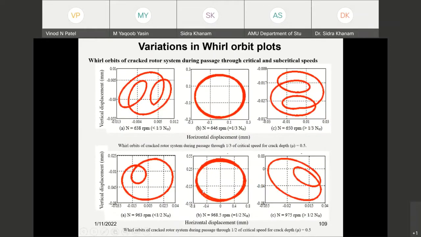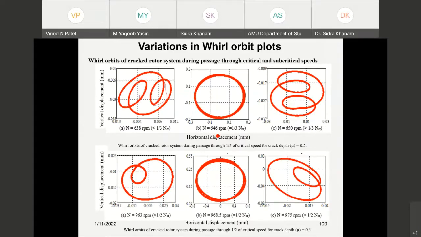So if there is a crack available on the shaft, then at different sub harmonic speed or at the subcritical speed, orbit plots of displacement in the x direction and displacement in the y direction were discussed. If the crack is available, when the shaft is rotated near 1/3 of critical speed, these kind of two other circles were available.